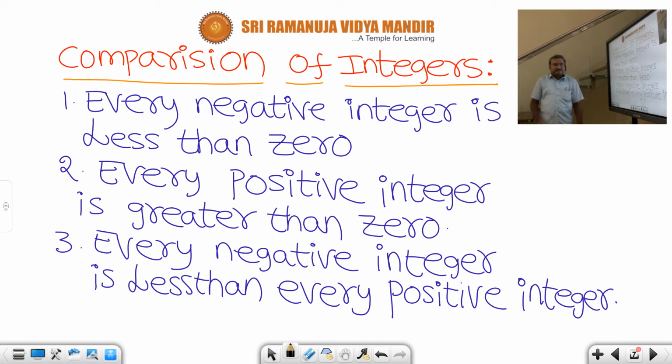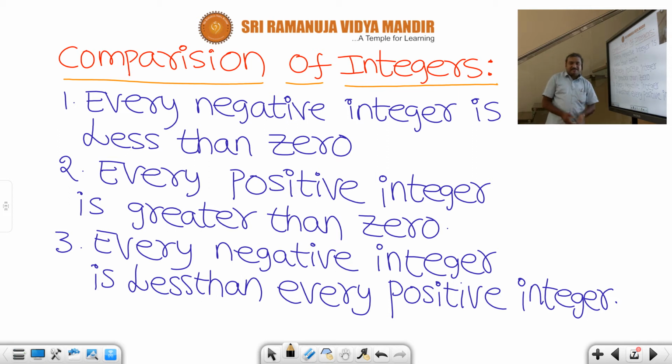Next, number 3. Any negative integer is less than any positive integer. Any negative integer is less than any positive integer.